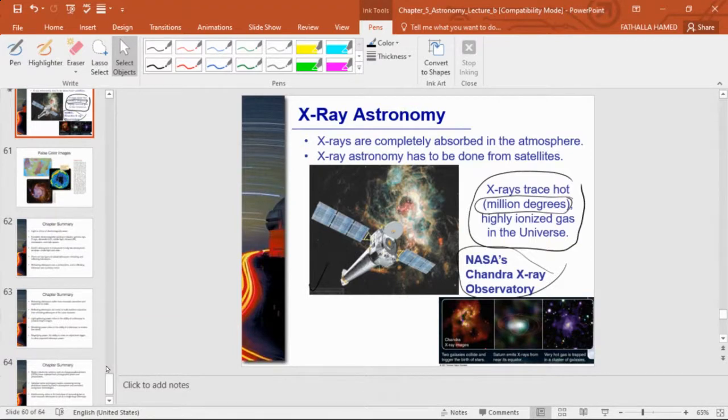So astronomy is an observational science, and they need all of these resources to be able to advance our knowledge of astronomy.